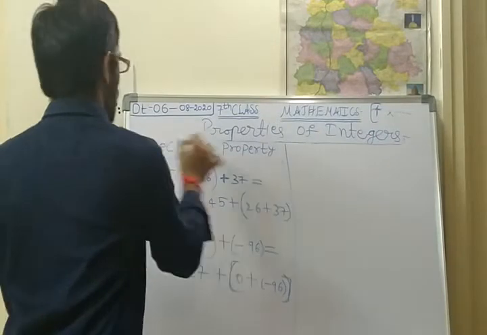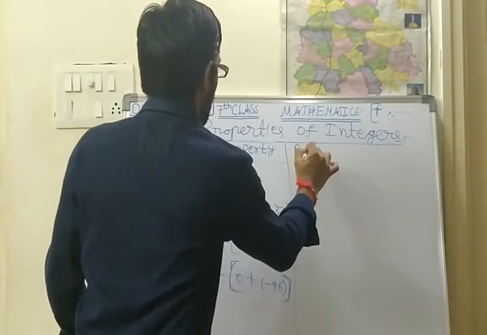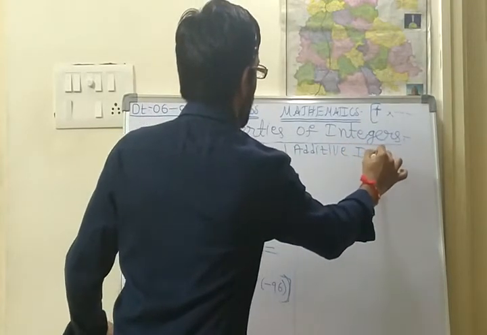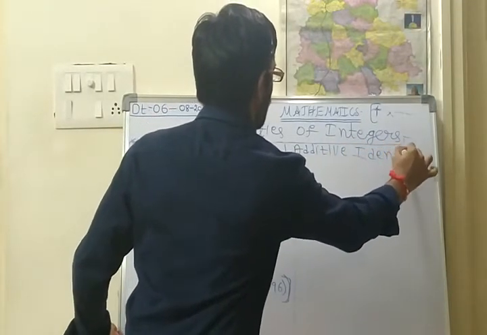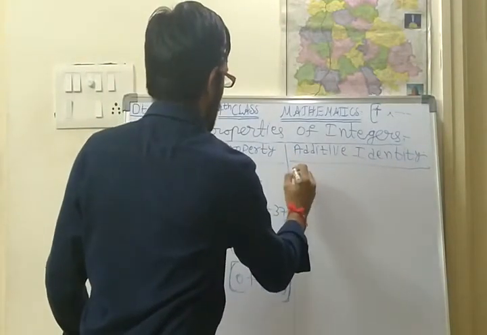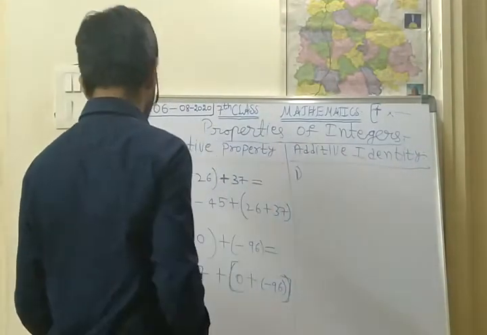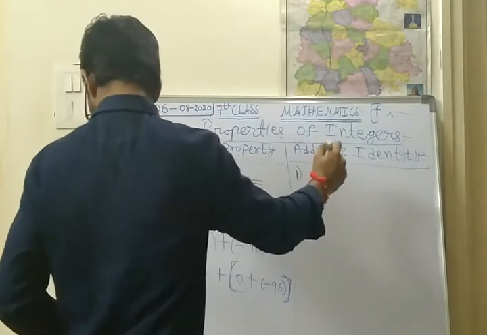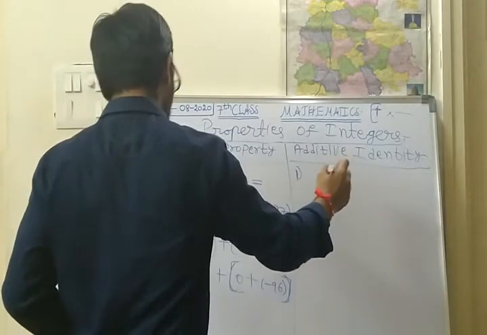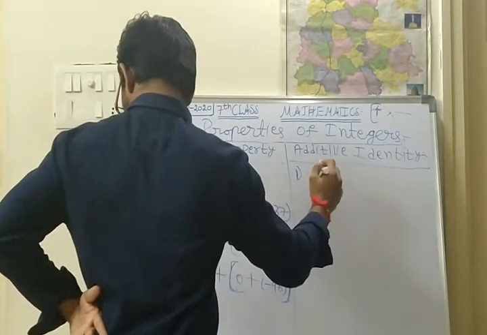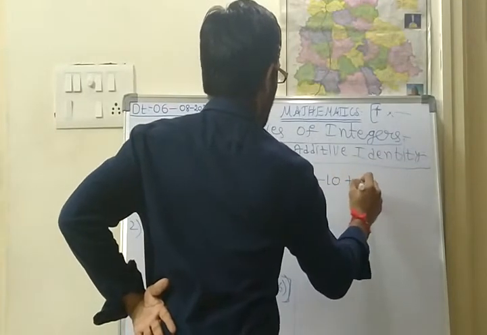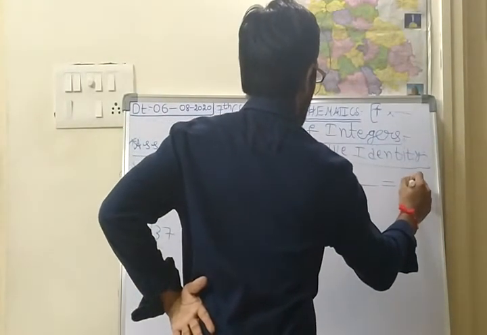Next, additive identity. First one: minus 10 plus dash is equal to minus 10.